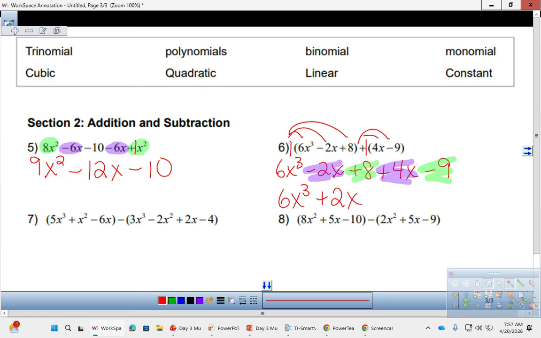I keep the x the same. Positive 8 minus 9 is negative 1. So this would be my final answer for this one. This is a cubic trinomial. You could check it with y1 and y2. I'm not going to do that for time's sake, but you could. We okay with that? All right, next one.